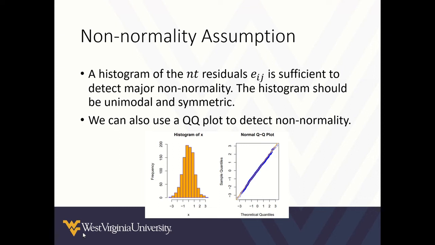I do want to caution you against being too harsh with the normality assumption when we're looking at these graphs and plots. If we are dealing with a small sample size, it is going to be a bit harder to assess a histogram or a QQ plot, which is why you may hear me use the phrase, well, it's normal enough given the small sample size.